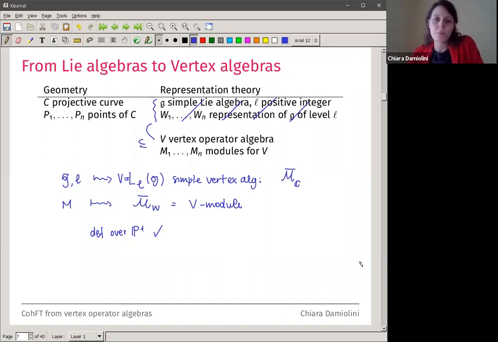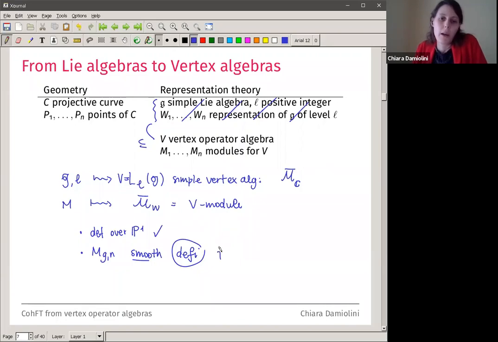It was already known how to define these spaces, in certain cases, over smooth curves. So the definition of the sheaves of coinvariants was given by, for example, Frenkel and Ben-Zvi. But it was not extended to the nodal case, and not many properties were analyzed.